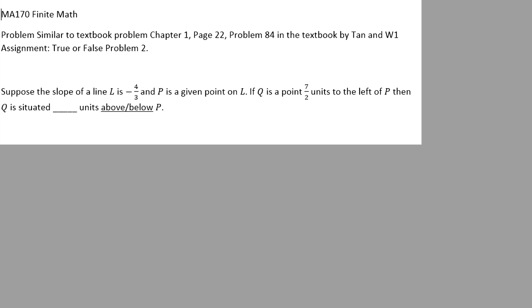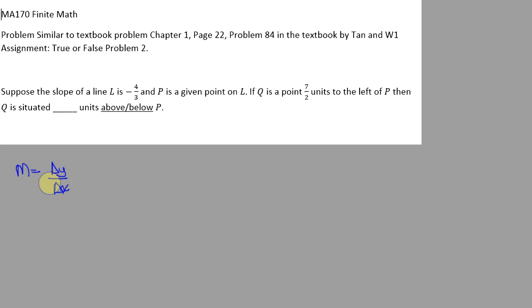So to get started, we're going to start translating this problem, going from left to right, into mathematics. So the slope of a line L is minus 4/3. As you should recall, slope is sometimes called the rise over the run, or in symbols, delta y over delta x.